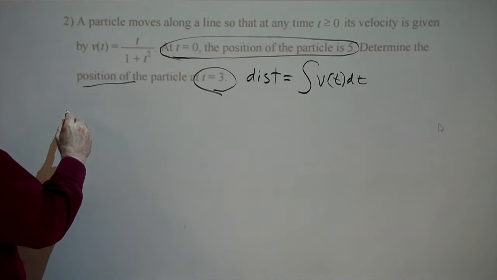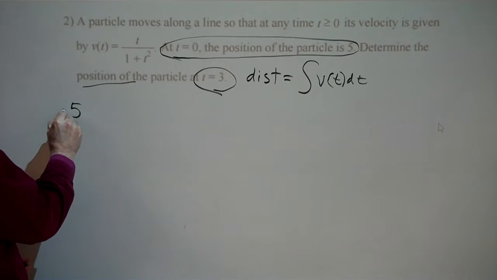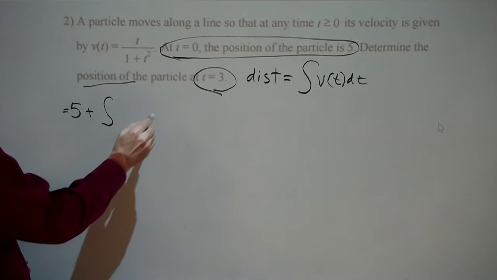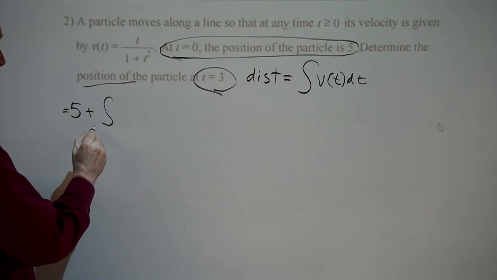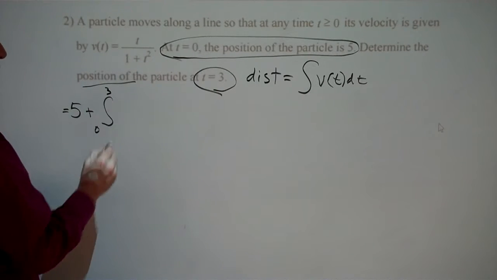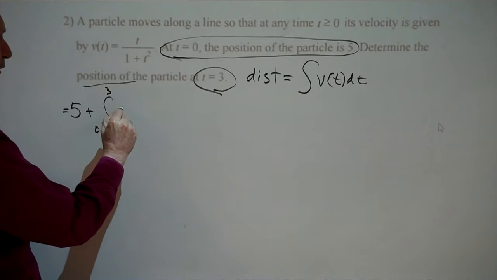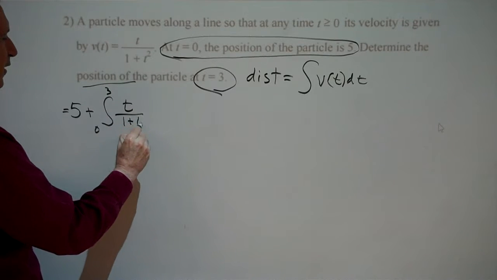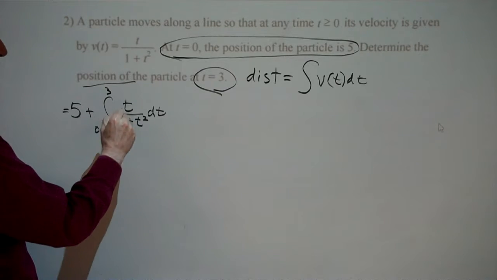So our starting position is 5. Our position is going to be 5 plus the integral from 0 to 3 of v of t, which is t over 1 plus t squared, dt.